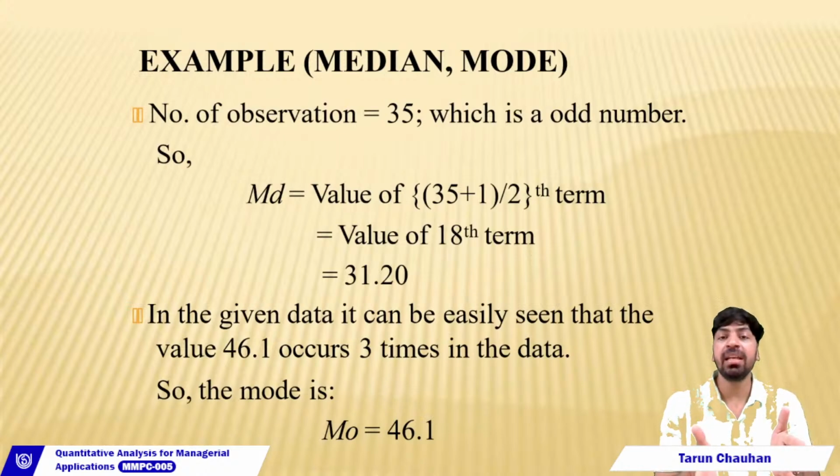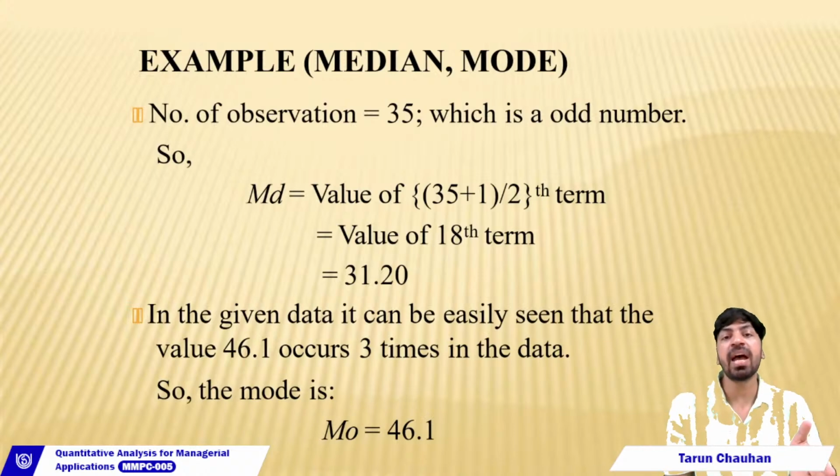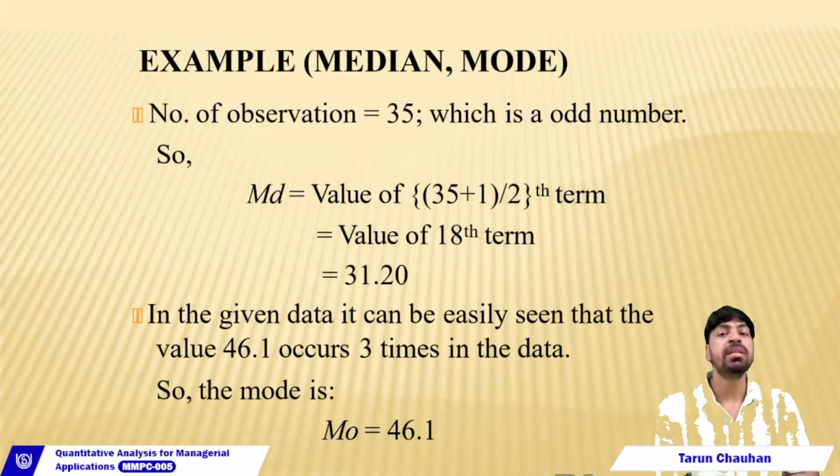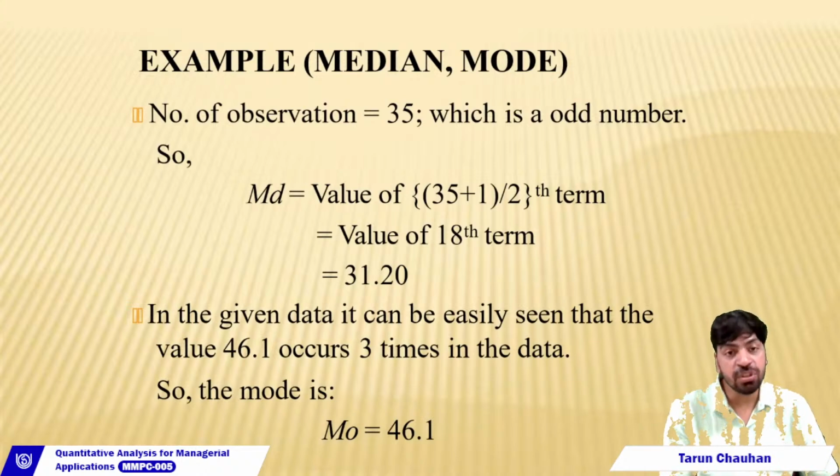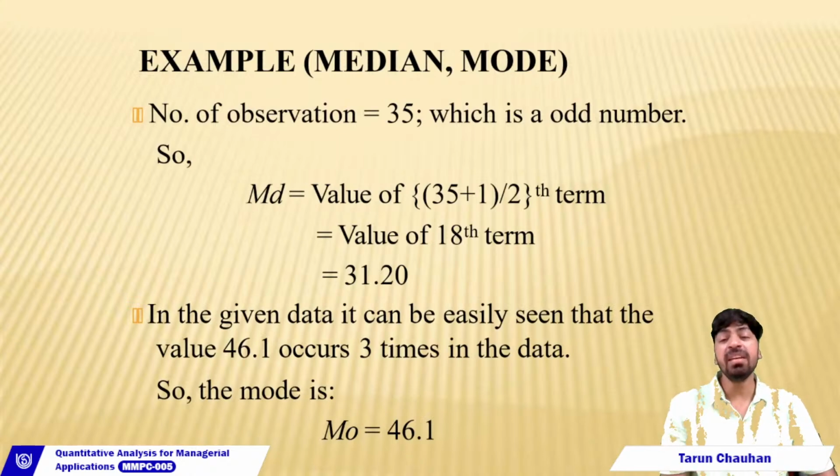If n, the number of observations or items, is odd, the formula is n plus 1 by 2. So with n as 35, 35 plus 1 by 2, you will get the 18th term.